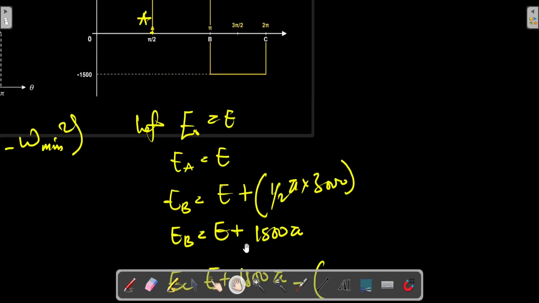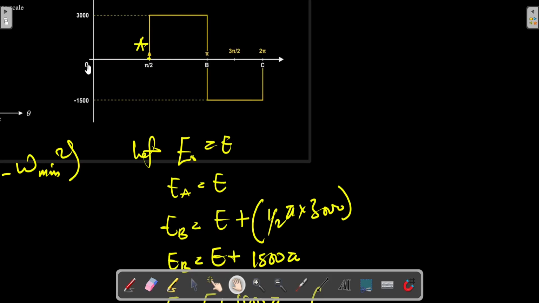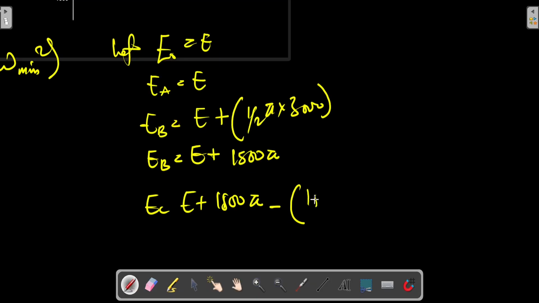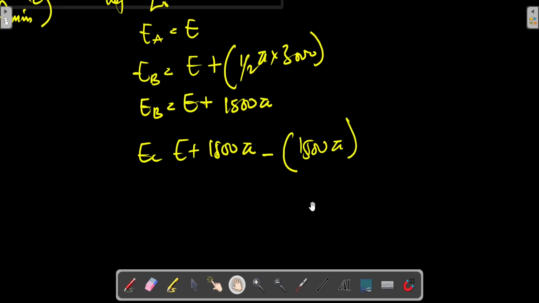That area has a dimension along the torque axis of 0 minus negative 1500, which is 1500, the width of this rectangle. The length of the rectangle is this interval, 2 pi minus pi, which is just pi. So we get 1500 pi, and we end up getting E.